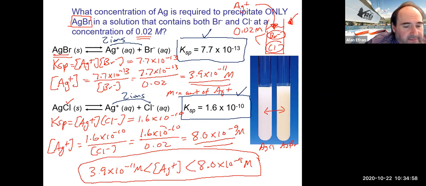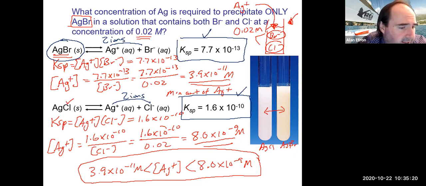Because the Ksp value for silver chloride is much larger, it should be more soluble. That's why in this problem, they talk about precipitating silver bromide out first, because it's less soluble in this comparison. So this is also a good example that because they both break apart into 2 ions, you can use the Ksp values and compare them directly. Any questions on any of that?